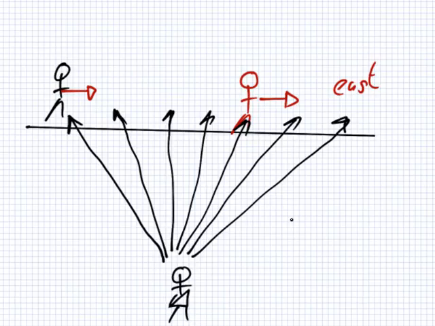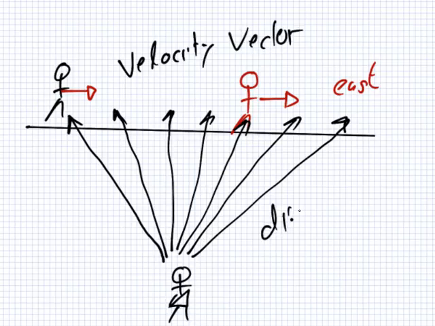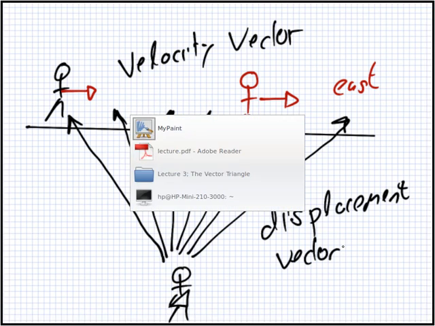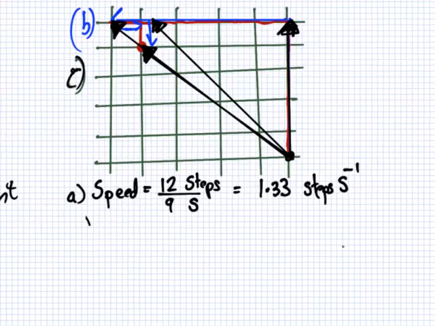So this is displacement, and this one here is the velocity. You can see the difference, right? So that's part C.